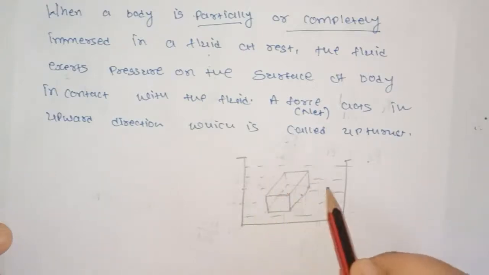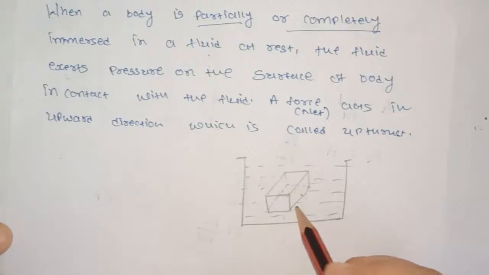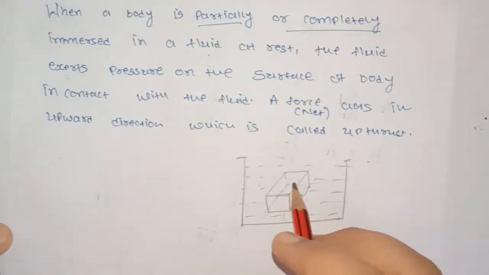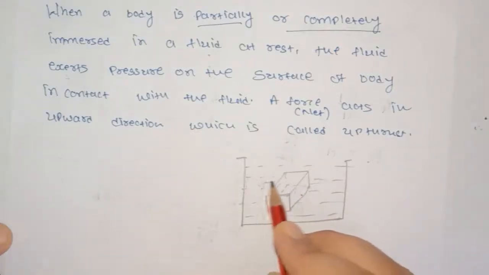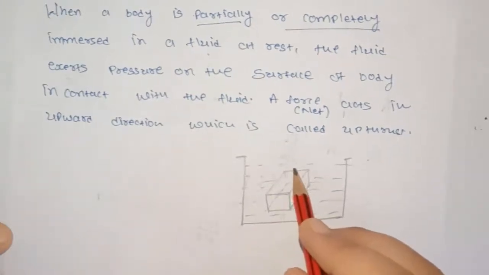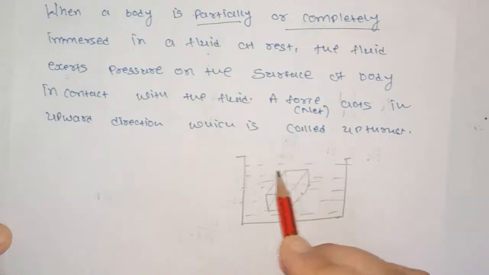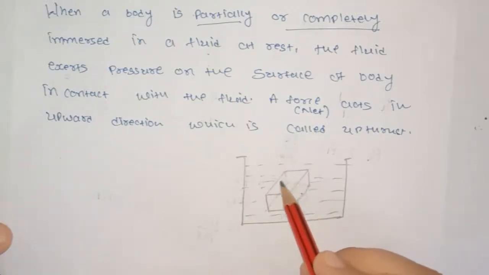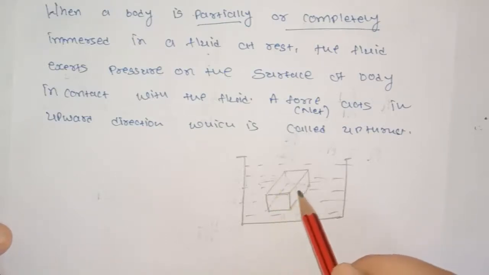Whenever the liquid molecules are displaced, their interatomic force is changed. Now they are not at equilibrium. So to be in equilibrium, they will again apply force in the opposite direction on the object to regain their original position. Like this, the pressure and force on the object are exerted by the liquid. The net force acts in the upward direction.